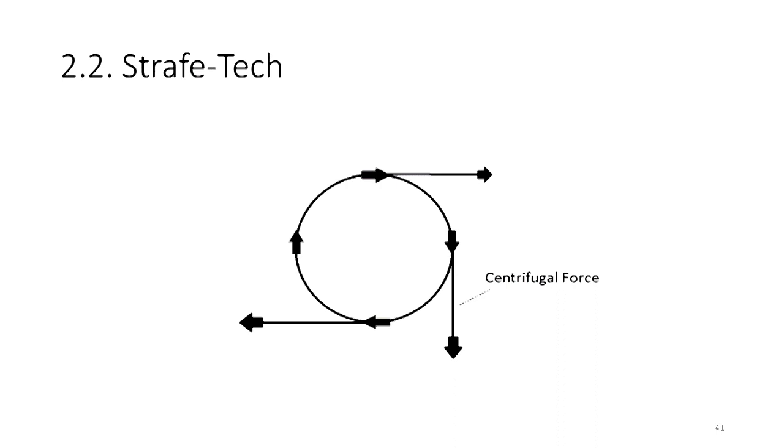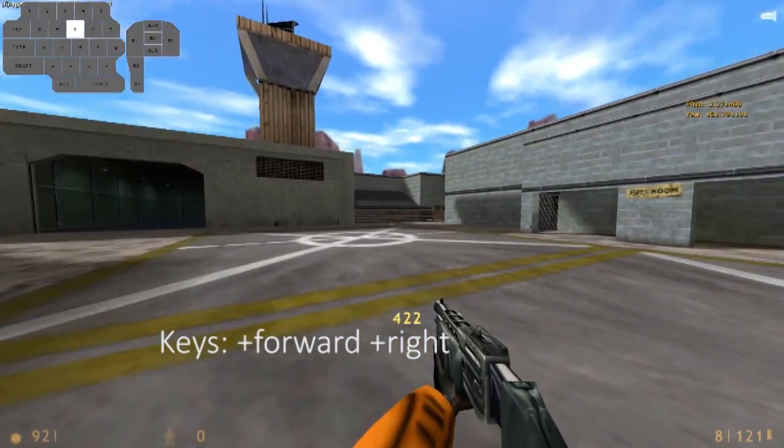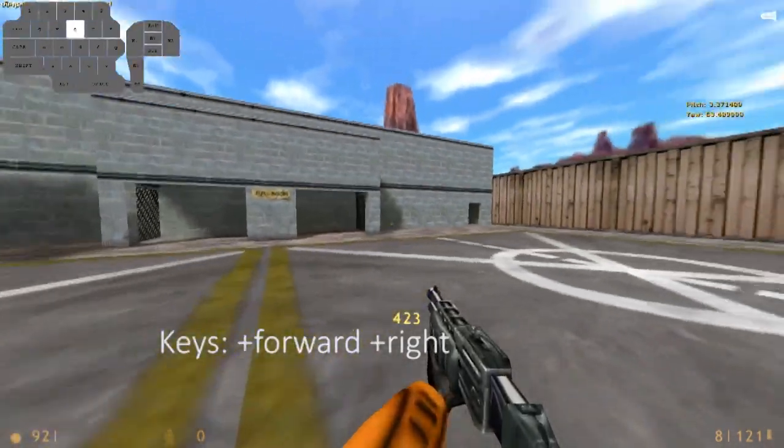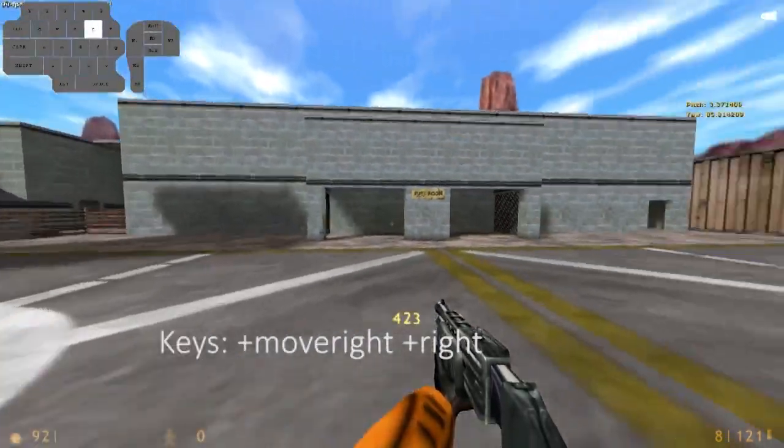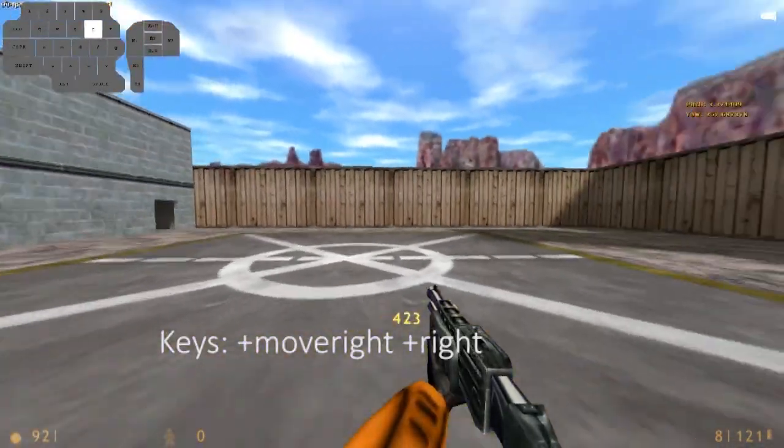The easiest way to clarify this concept is to substitute a key for the horizontal mouse input and combining it with movement direction keys, which can be seen as a raw input situation. In this condition and under normal settings, the player is describing a perfect circle with constant 423 UPS speed.